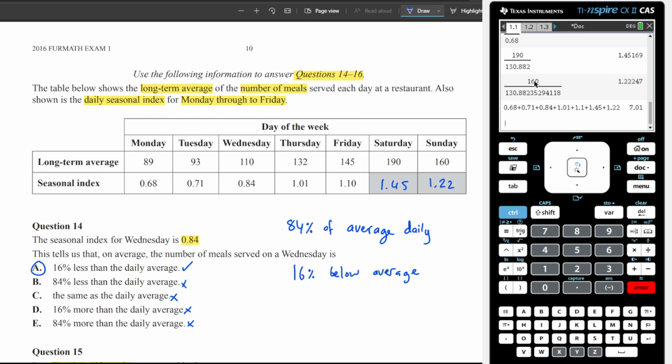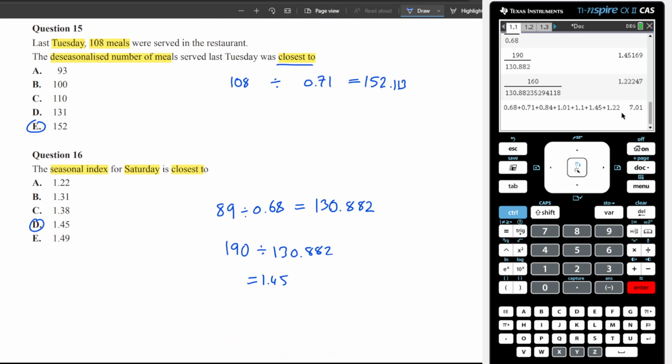And if we do that, that adds up to 7.01. And the reason we can assume that we're correct is because we would have rounded these values to keep them to 2 decimal places. So the fact that we're 0.01 off, we're not concerned about. So that would make sure that our answer for question 16 is correct.